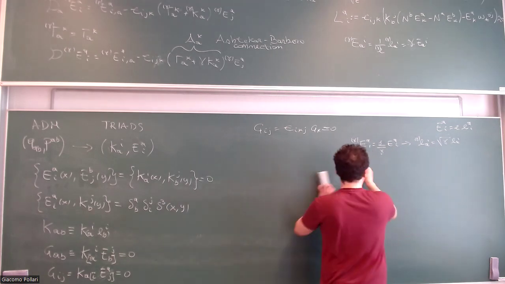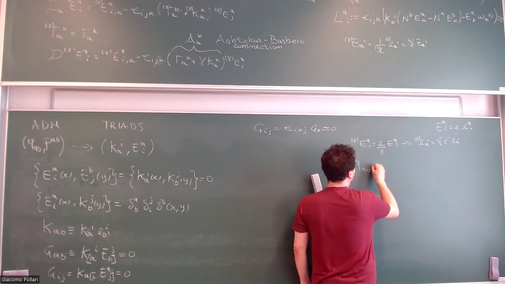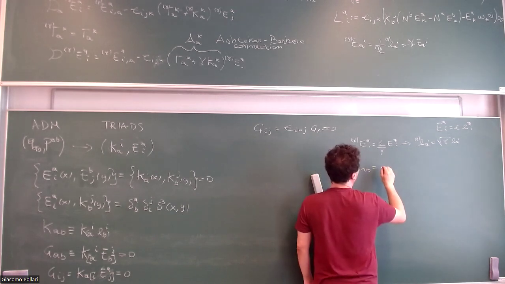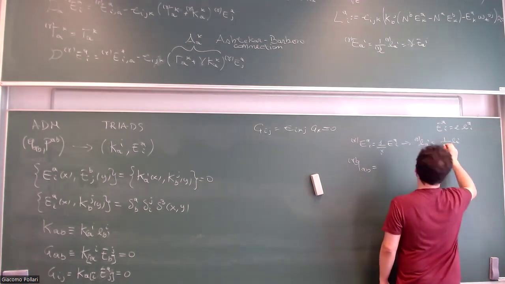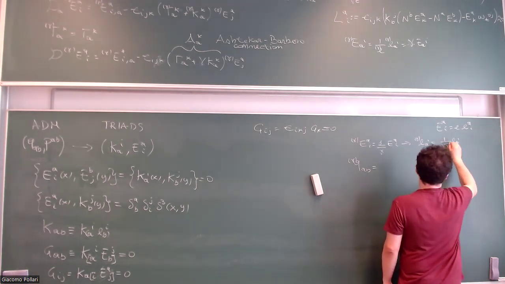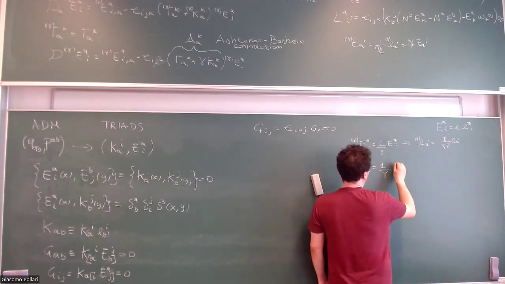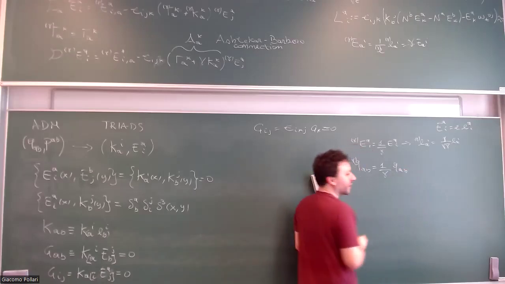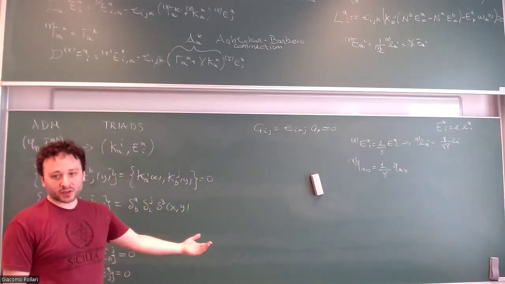And so the metric q_ab becomes, sorry, not this one, over square root of gamma. And this becomes 1/gamma q_ab.